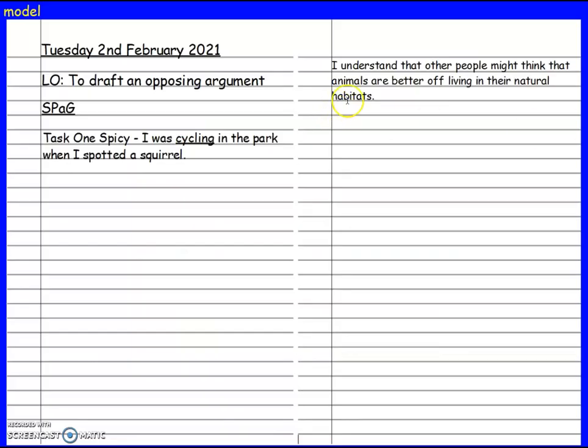Okay, let's go back and have a look for the next sentence starter. People think. Okay, so what do people think about that? So people think that animals are better living in their natural habitats because, so I can explain why people think that. Okay, so let's have a think why people think that.